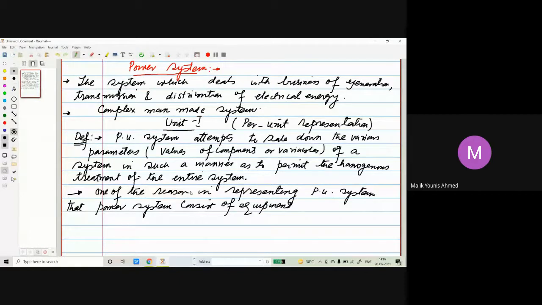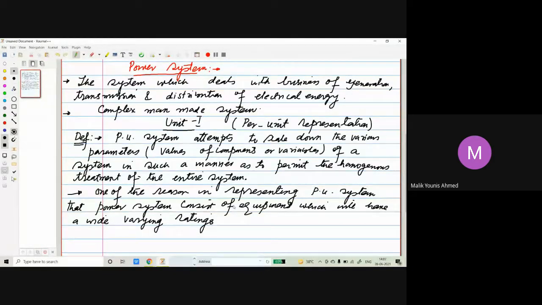So the power system has various equipments which will have very wide varying ratings. That means the ratings of these equipments will be different.